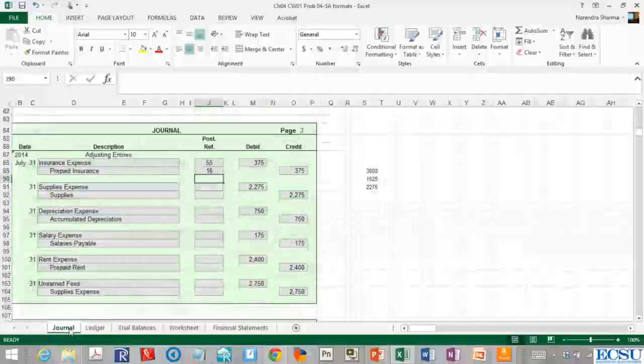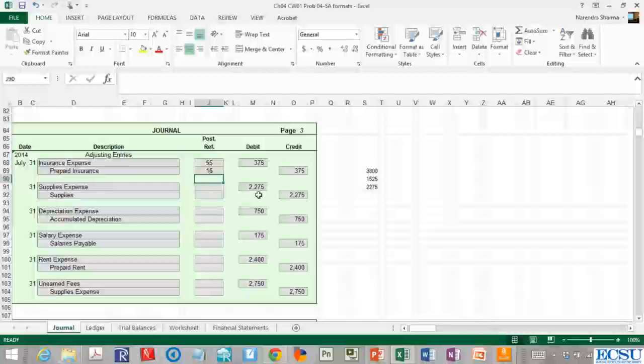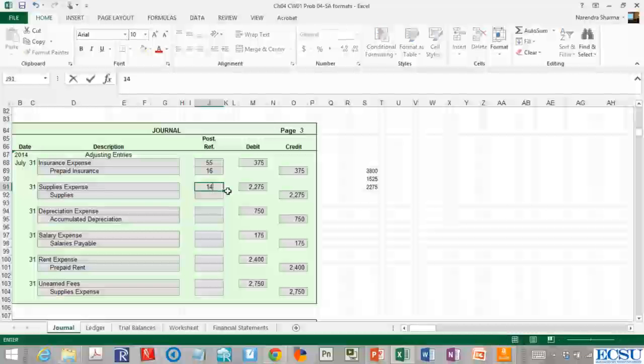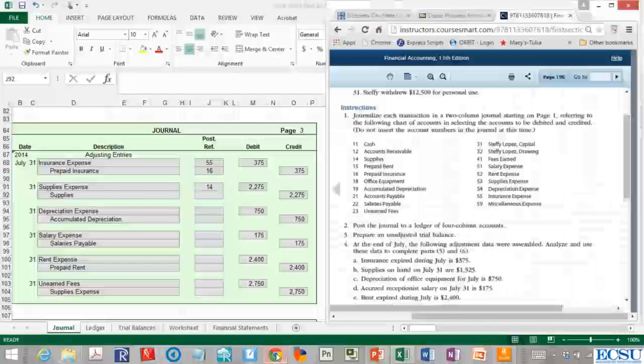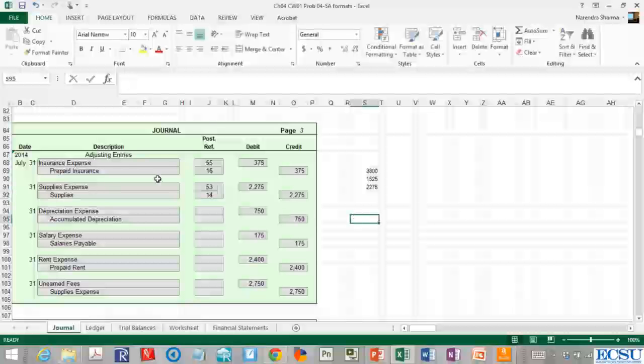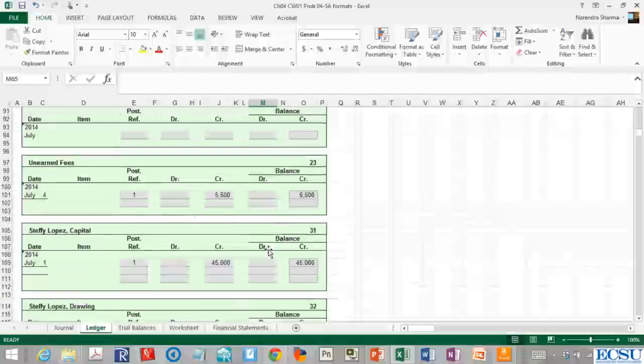Let's go and see the second adjusting entry, that is supply expense. Supply expense was number 14. So let's write 14, and let's also find out what is supply. So supplies was 14, not supply expense. Supply expense was 53. So this was 53 and this was 14. So let us do the supply expense. Let's go to the ledger 53.